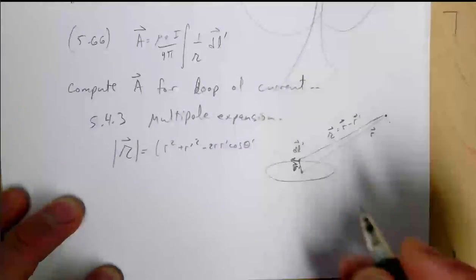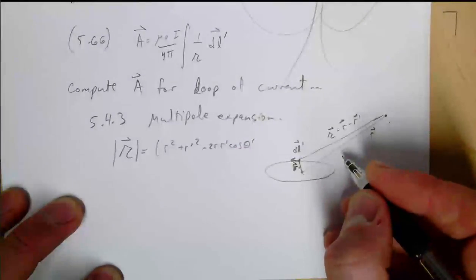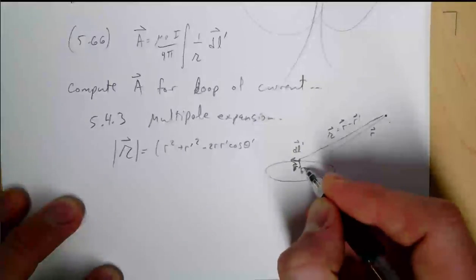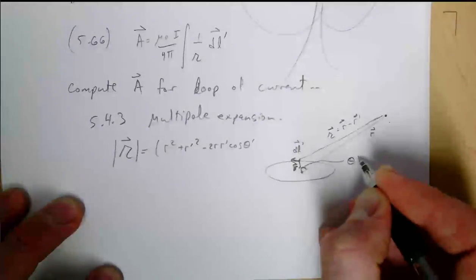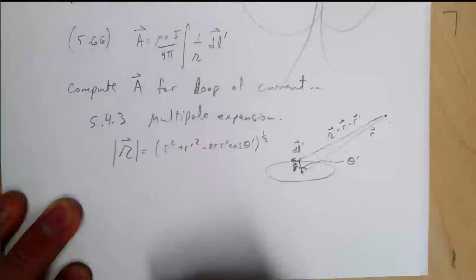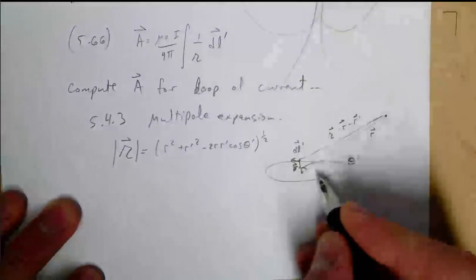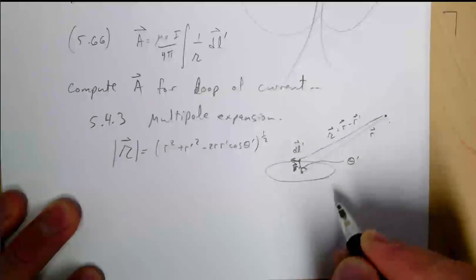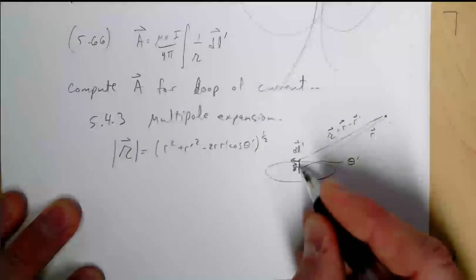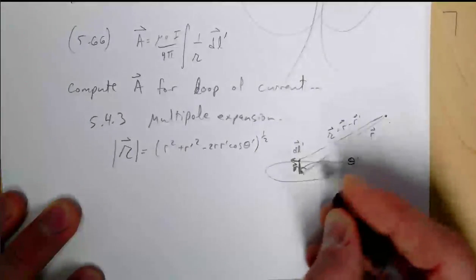I'll call this angle theta prime, the angle here, and I'll take that to the 1/2 to make it an actual magnitude. I also want to mention that this is not like theta, our usual polar angle. This is the angle between this vector and this vector here.